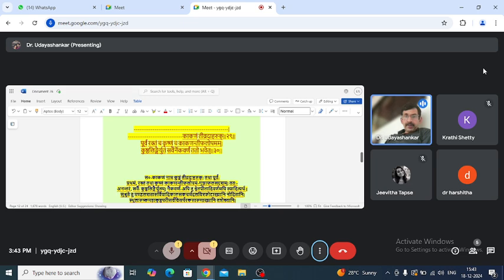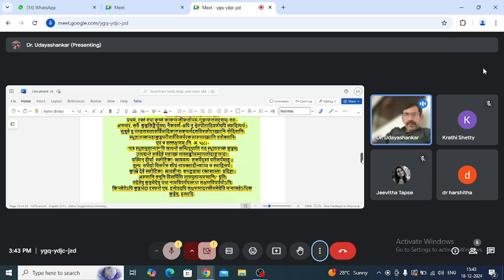Stula, Arushka, Maha Kushta, Parisarpa, Sarva Visarpa, Visarpa, Rakasarunakhyani, Tatra Uktani. He has added some other diseases. These are the additional diseases mentioned in the Kushta by Sushruta.